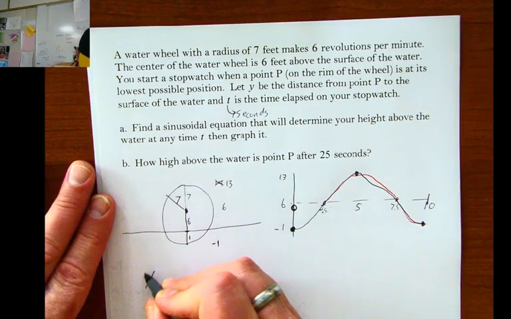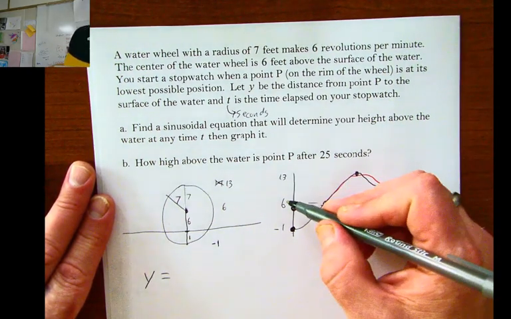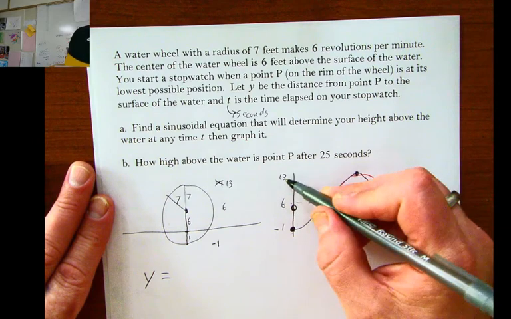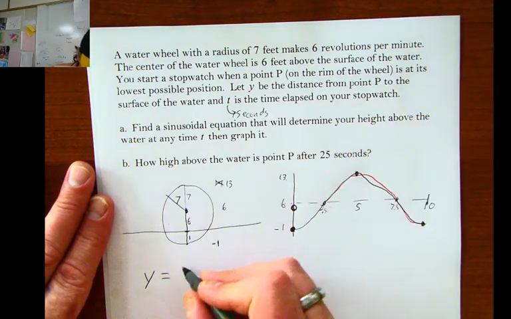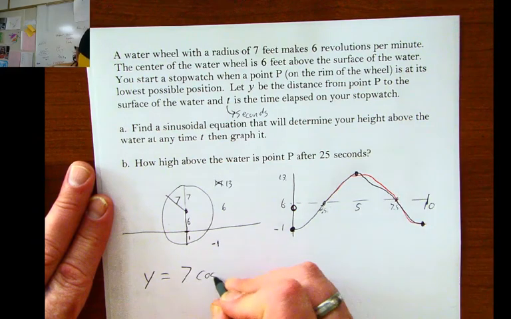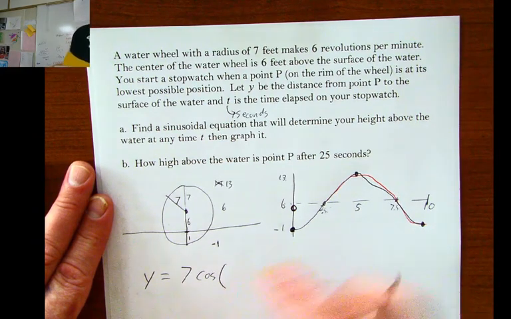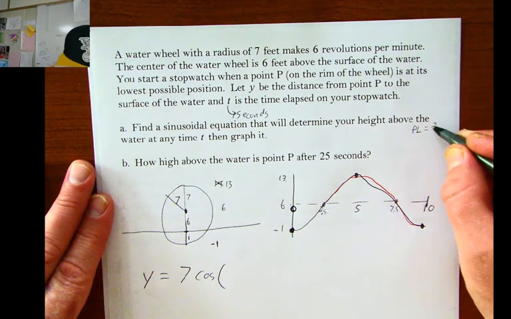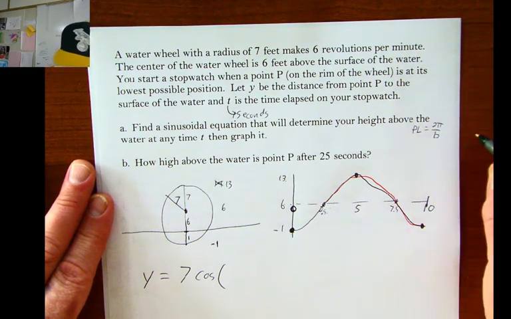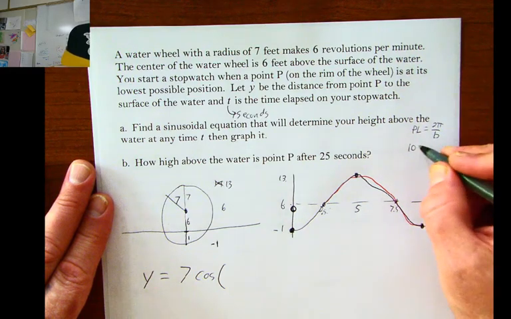So I choose cosine. A distance of 6 up to 13 means that there's an amplitude of 7. So 7, and I chose a cosine. And then the b, let's see, the period length. The period length equals 2 pi over b, and in this case the period length is 10.